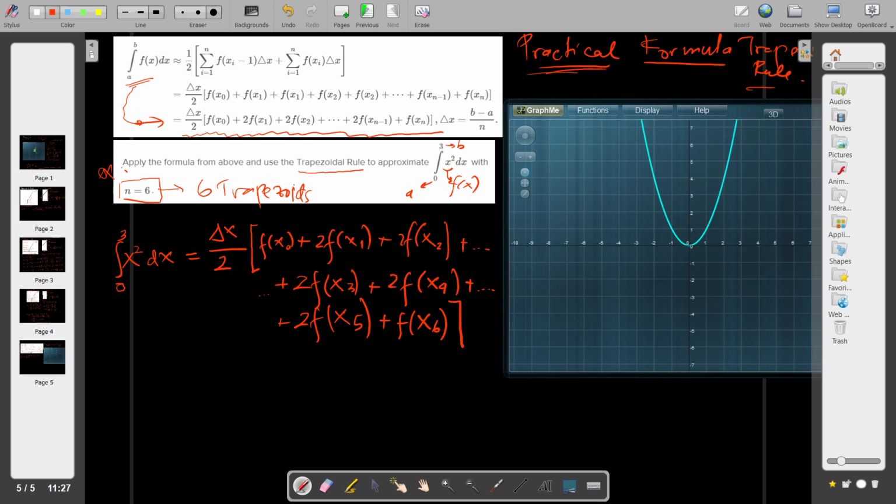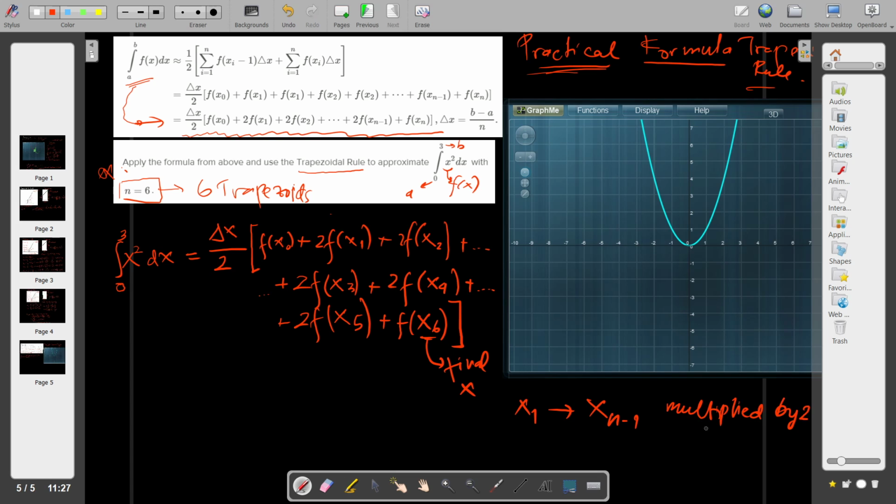Because x6 is our final x, it's not multiplied by 2. Only x1 until x n minus 1 are multiplied by 2.